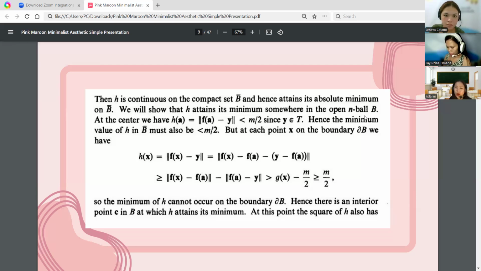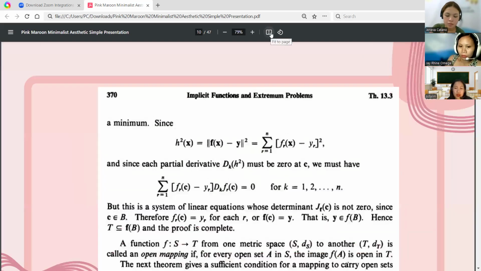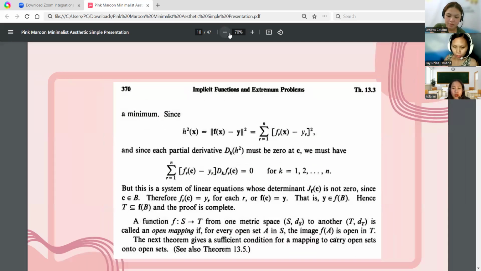At this point, the square of h also has a minimum. Since h squared of x is equal to the absolute value of f(x) minus y, squared, which equals the summation from r equals 1 to n of (f sub r of x minus y sub r) squared, and since each partial derivative D sub k of h squared must be 0 at c, we must have this one. Please try to look at this one.